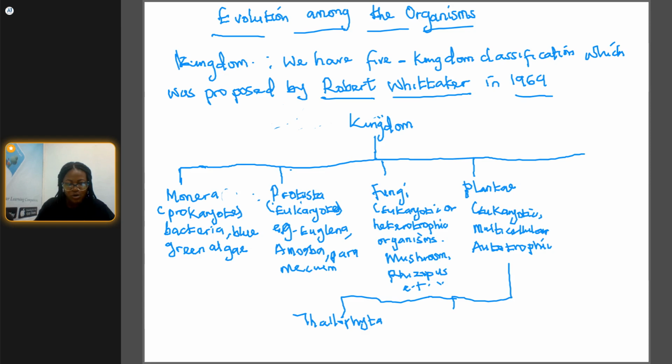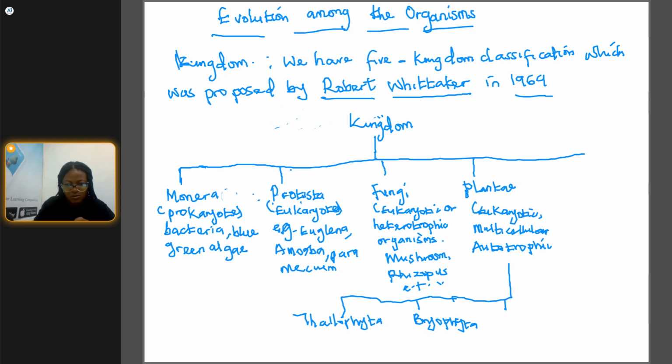You have the Bryophyta under kingdom Plantae. Don't forget. We also have the Pteridophyta.